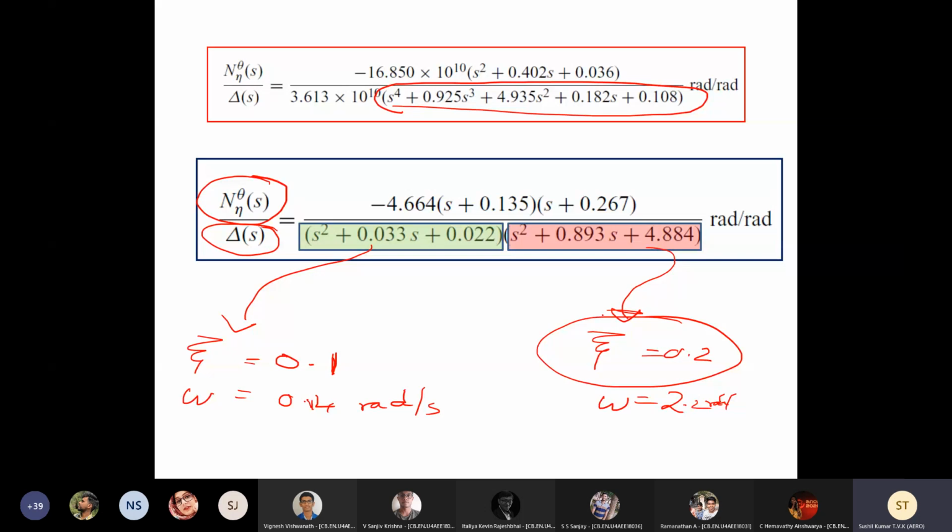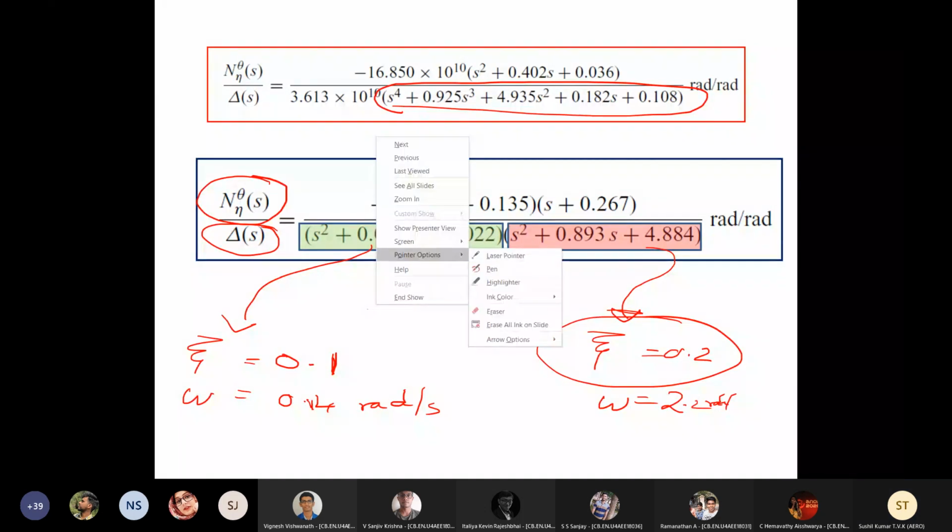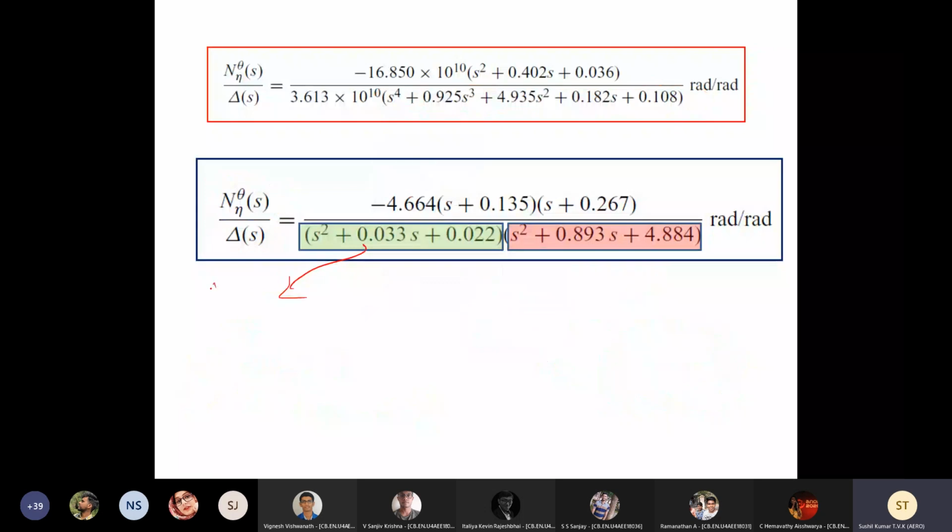So what it means physically is, this oscillation, suppose you take them in isolation, it will continue like this and then dampen out, whereas the red one is going to dampen out very fast.